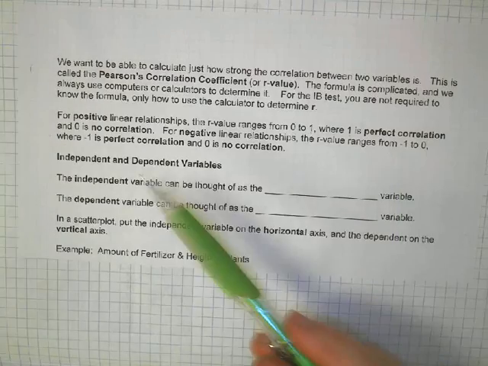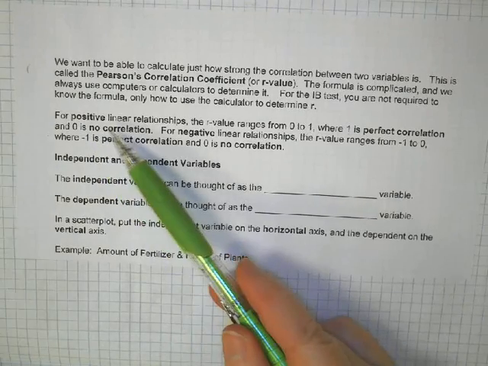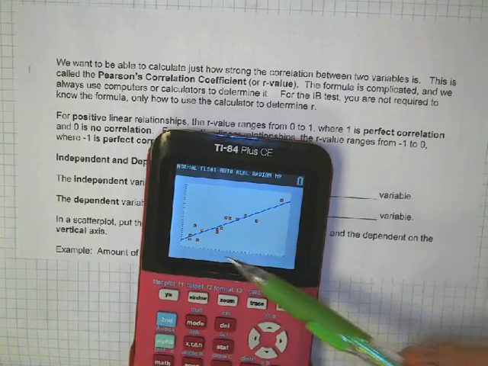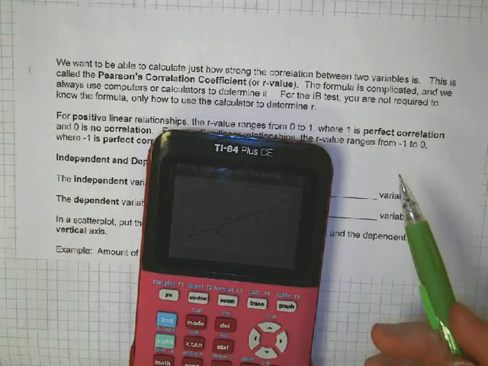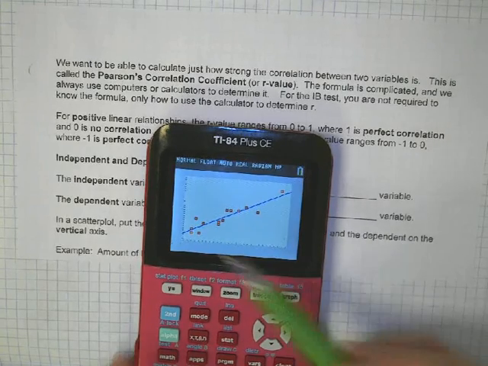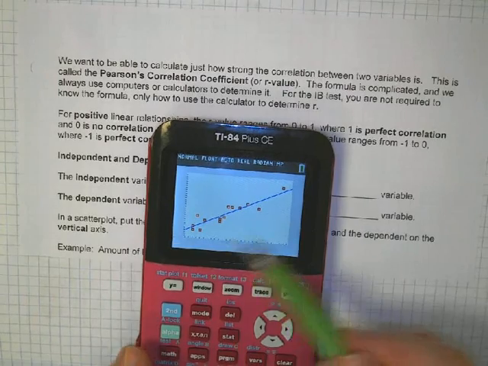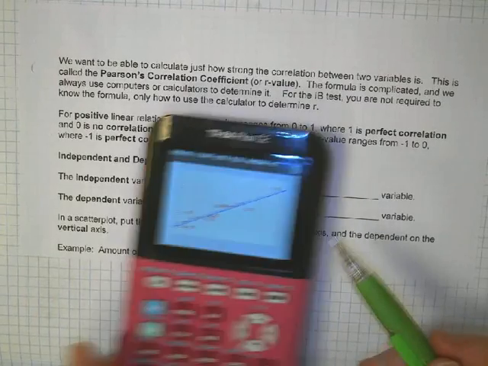And 0 is no correlation. In other words, the dots would be scattered all over the place, and it wouldn't even be possible to draw a line of best fit through them. Ours obviously has a pretty good correlation. These dots are all pretty much lining up with that line.